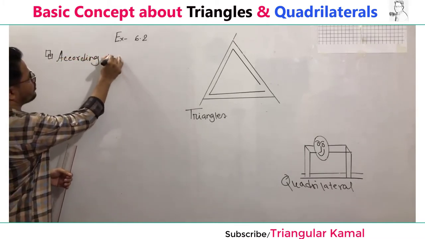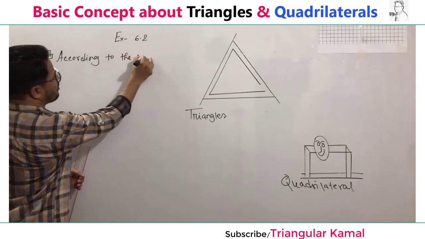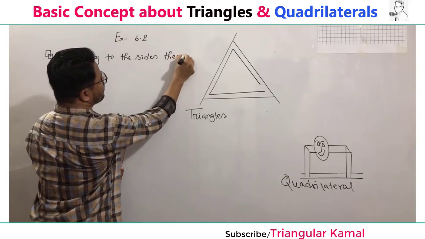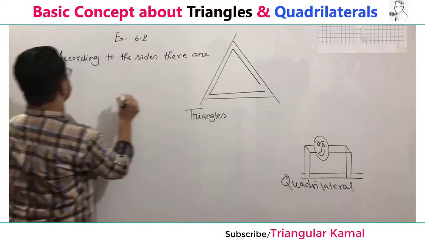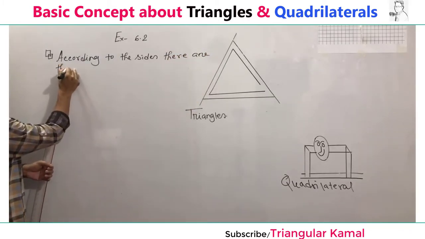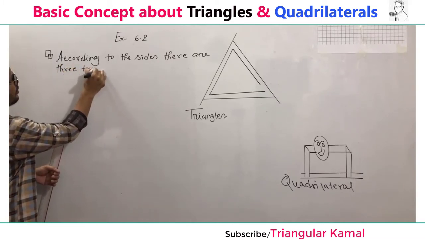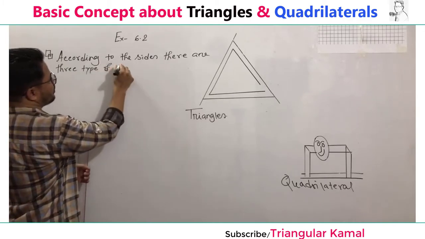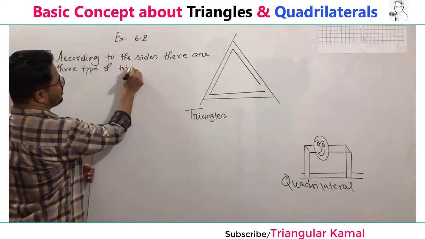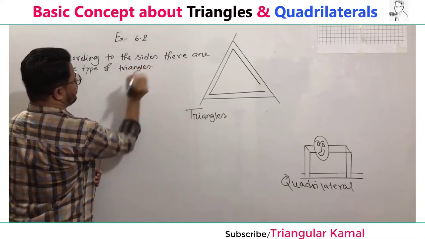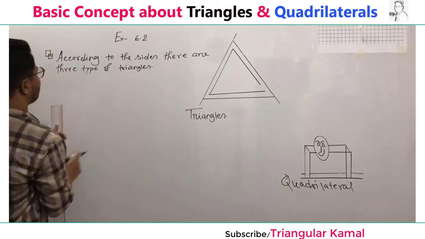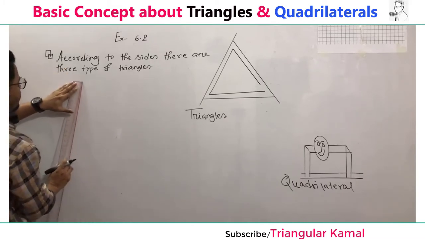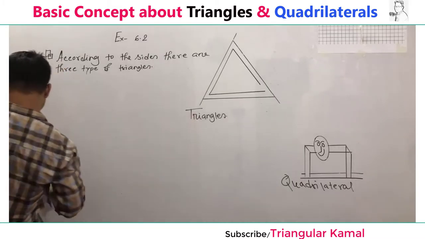According to the sides, there are 3 types of triangle. First one, we will discuss according to the side. So let me discuss this one.